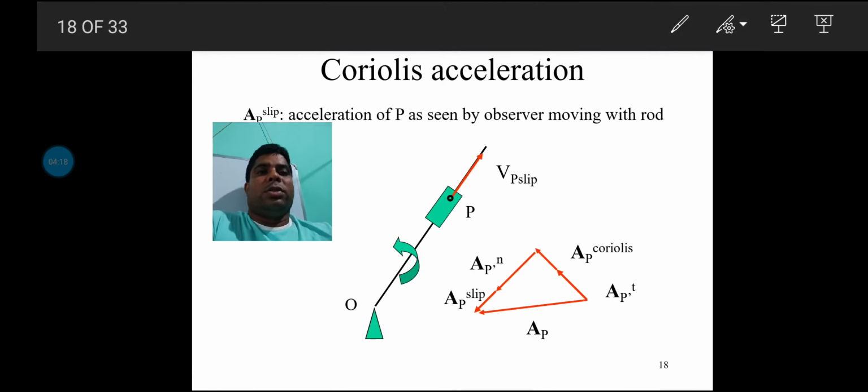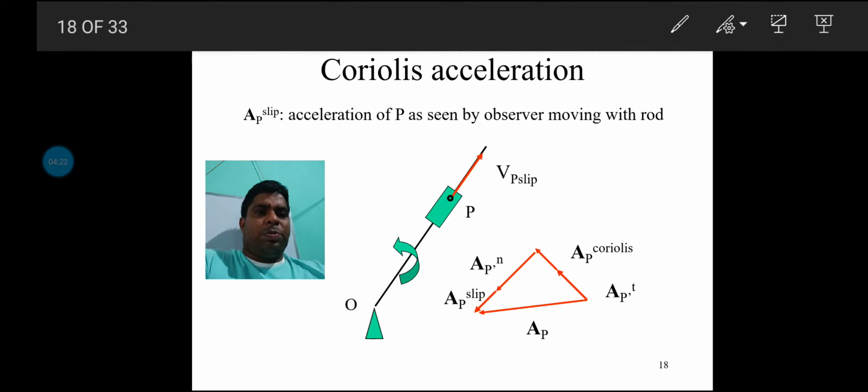Considering a similar figure from the earlier slide, AP slip is the acceleration of P as seen by the observer moving with the rod. The velocity of point P is V P slip, and if I rotate it, we get the Coriolis component AP Coriolis, along with the normal and tangential components AP N and AP slip.